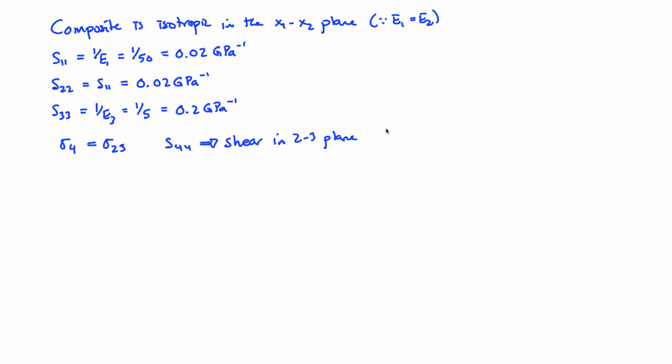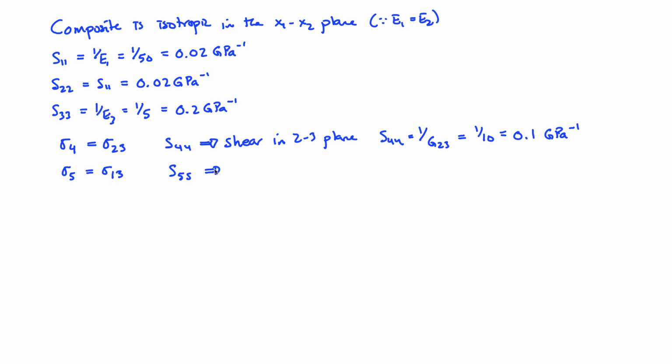And so S44 is equal to 1 over the shear modulus for the 2, 3 plane, and we're told that has a value of 10 gigapascals, so that's 1 over 10, which is equal to 0.1 gigapascals to the minus 1. Okay, and then similarly we had sigma 5 equal to sigma 1, 3, and again the mnemonic is the 5 plus the 1 plus the 3 adds up to 9. So 5 refers to shear in the 1, 3 plane.